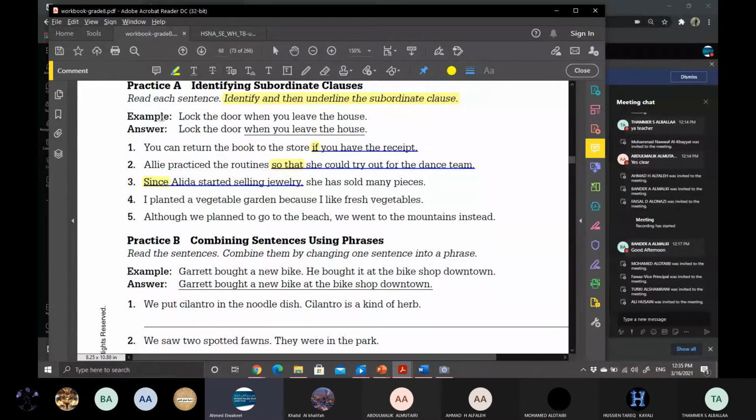So, what is the subordinate clause we have here? Of course, "because I like fresh vegetables" is the subordinate clause.